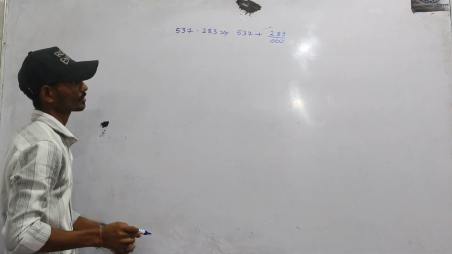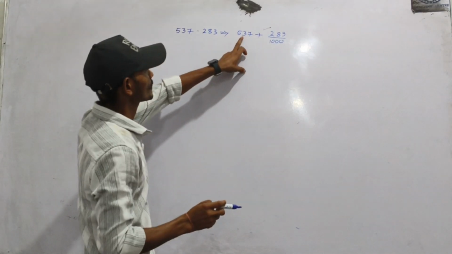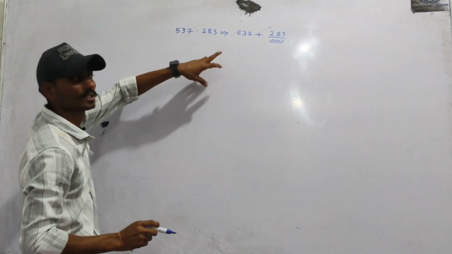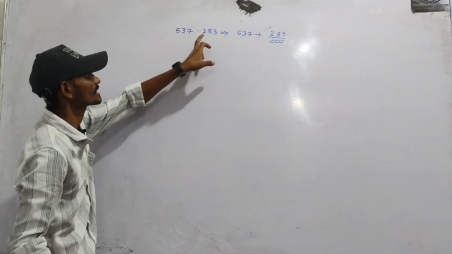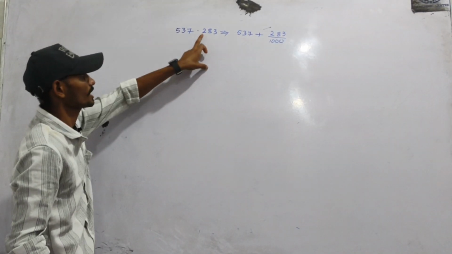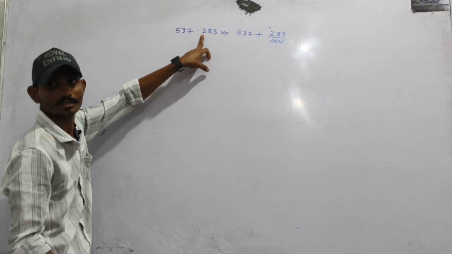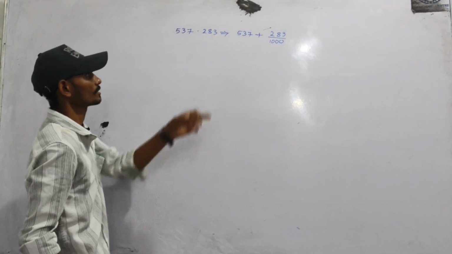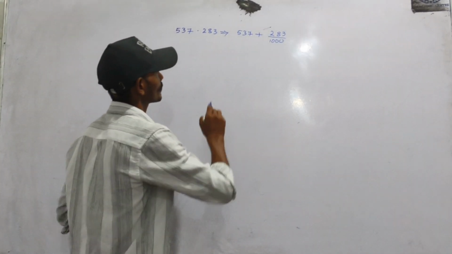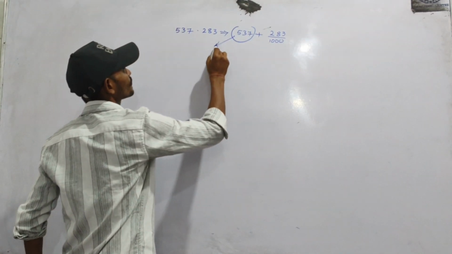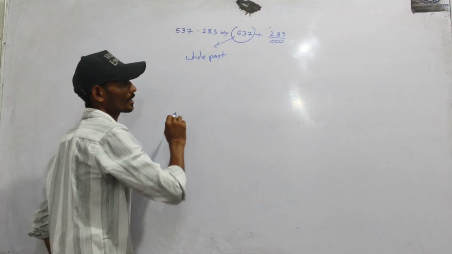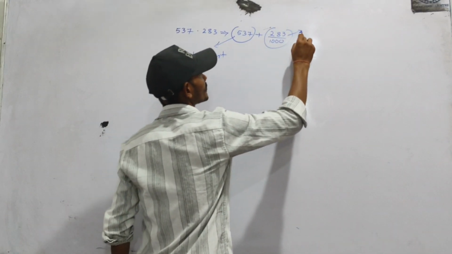Here we have ones, tens, hundreds, but after the decimal point you don't read ones, tens, hundreds. This part is the tenth part, this is the 100th part, this is the 1000th part. This is the whole part of the number and this is the fractional part of the number.